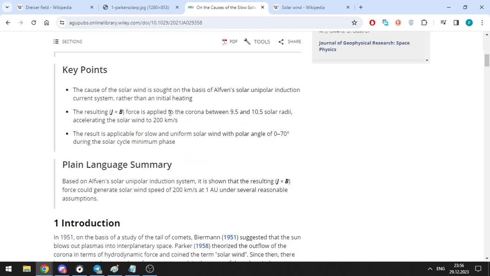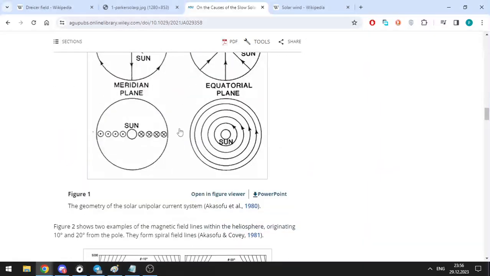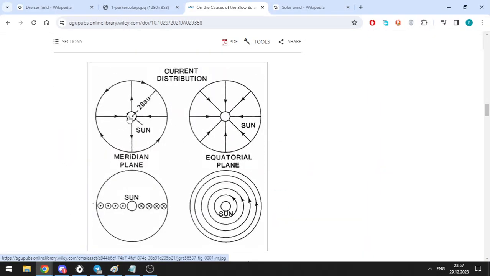So what do I mean by unipolar current? Well, since the sun is magnetized, it's a conductor, and it rotates, there must be a potential difference at different latitudes of the sun, and this drives this current, like a heliospheric wide current.